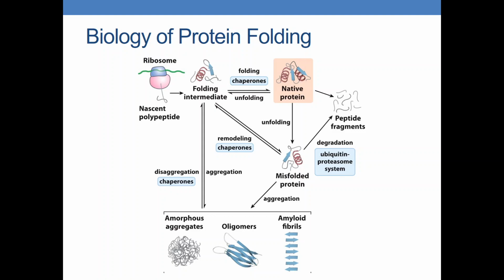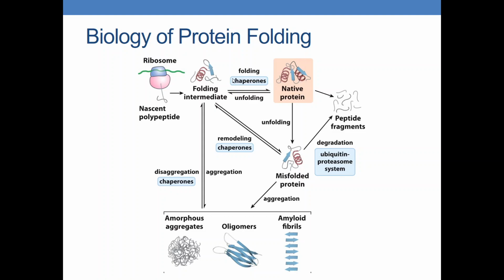They have a lot of your secondary structural elements, but your final tertiary structure is not quite there yet. So in some cases, you can go from folding intermediate to native protein without any assistance. For small proteins, this is generally the case that they can fold into their native structure independently. They don't need help to do so. But larger proteins may have trouble doing that, and so may need some help.